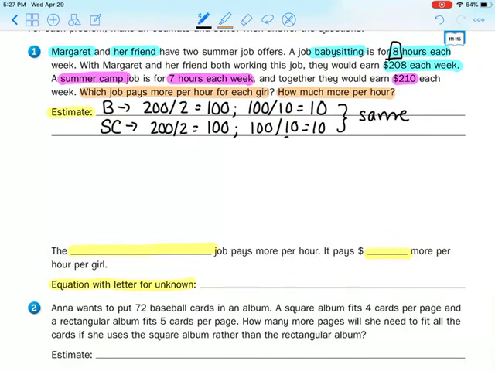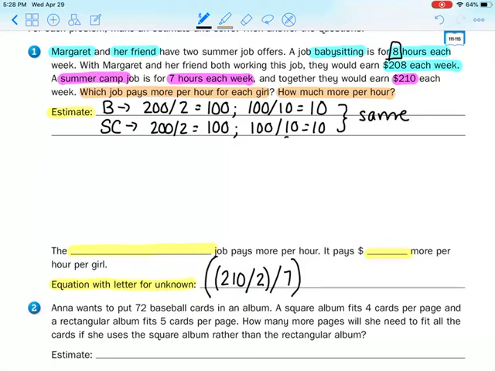So I'm going to write an equation with the unknown, and I'm going to separate with parentheses to show what I'm doing first. So first I'm going to take 210 for the summer camp, and I'm going to divide it between the 2 girls. And I know the total for that needs to get divided by the 7 hours that they worked at the camp each week.